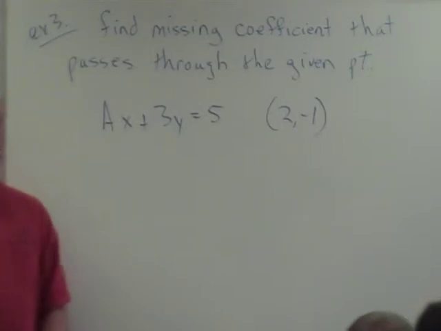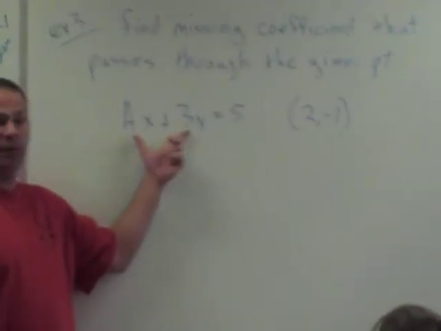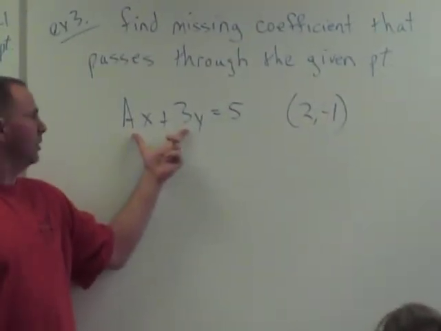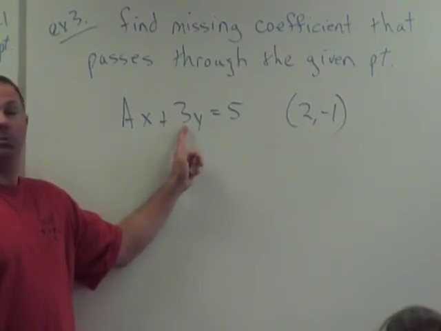Find the missing coefficient. Coefficient is the number in front of your variables, right? So B is 3, capital B.